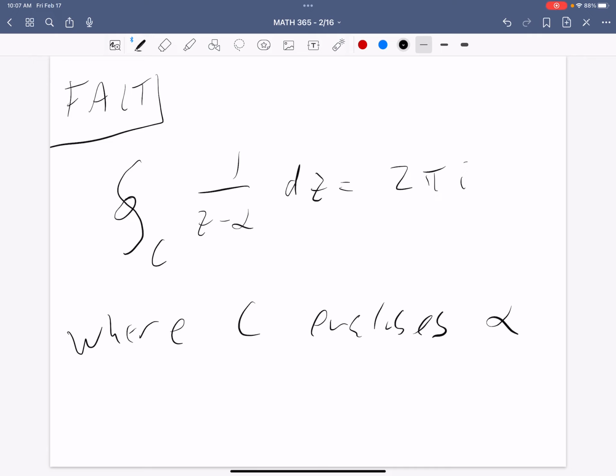So, hey, beautiful. All right, and before we move on, I would like to note this works for multiple curves as well. So now that we know how to compute this, and it's always 2 pi i, we can actually continue going this process and do it for multiple curves.